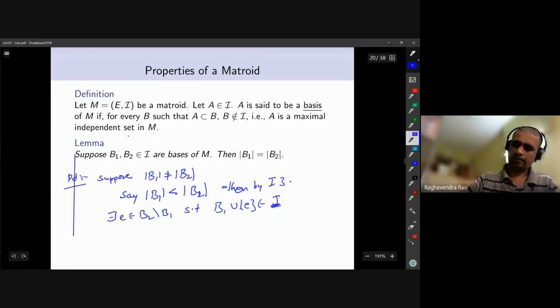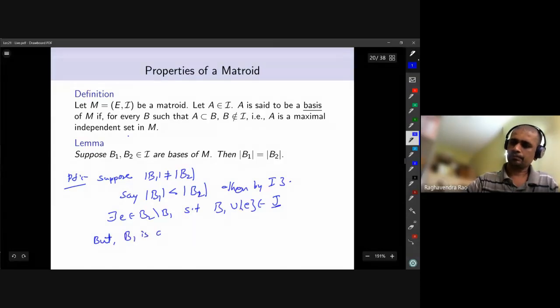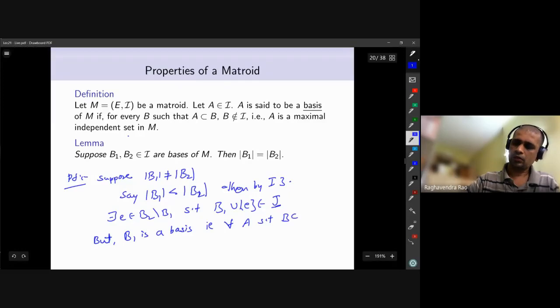But B1 is a basis. That is, for all A such that B1 is contained in A, A is not in I. That's the definition of maximal independent, right?